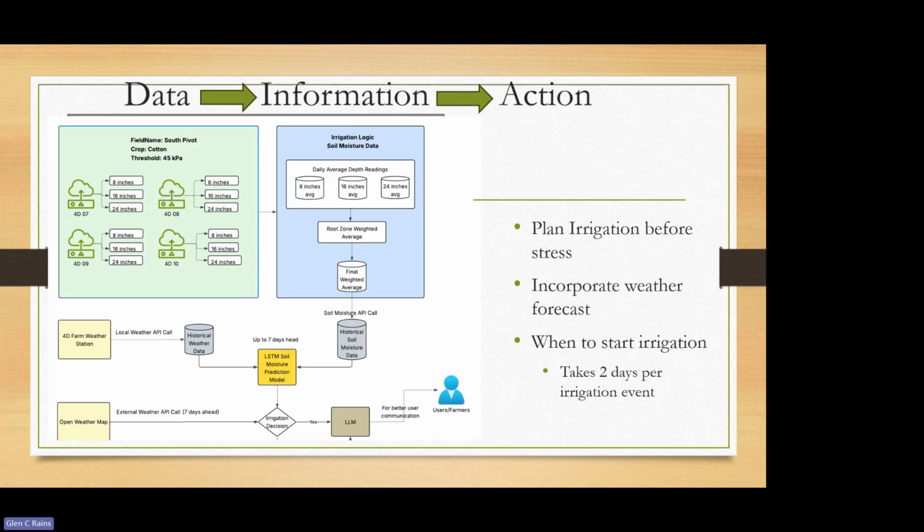There's so much information. Even without computers and everything, farmers are juggling a lot of information. But the idea behind the large language model and the agents is to make sure that they get all the information they need to make the decisions without missing anything.